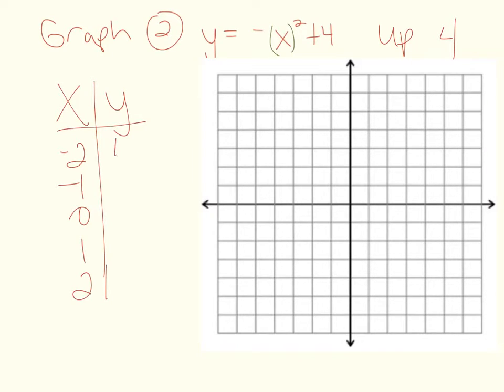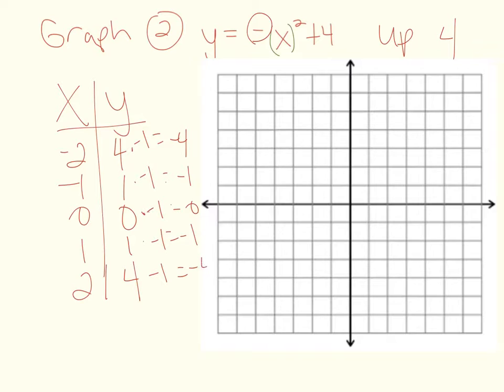So -2 squared is 4, -1 squared is 1, 0 squared is 0, 1 squared is 1, 2 squared is 4. There's a negative out front, which means I'm timesing all of these by -1. So we get -4, -1, 0, -1, and -4.